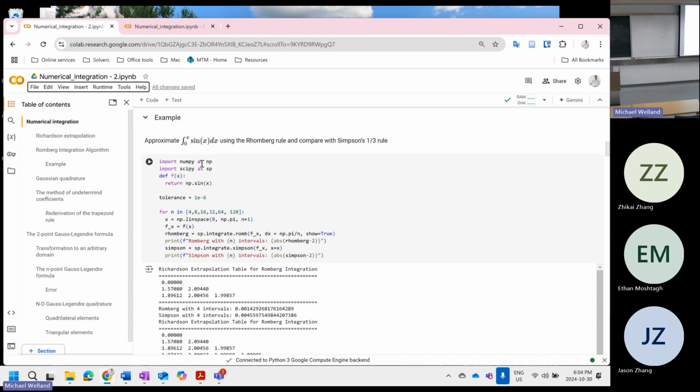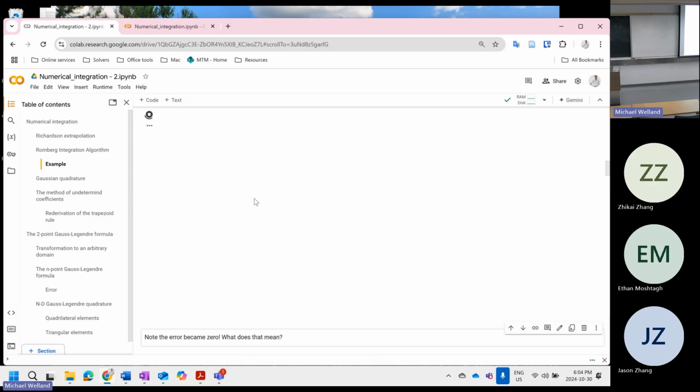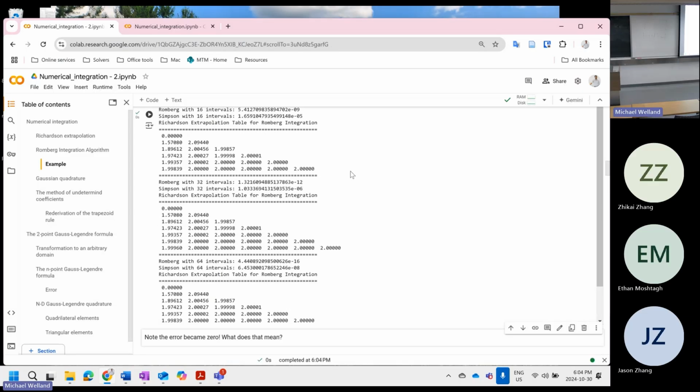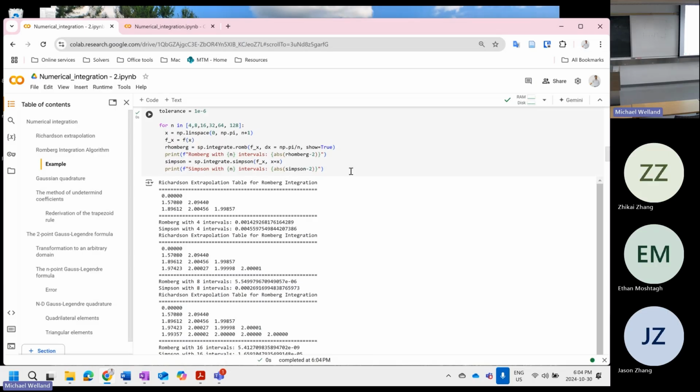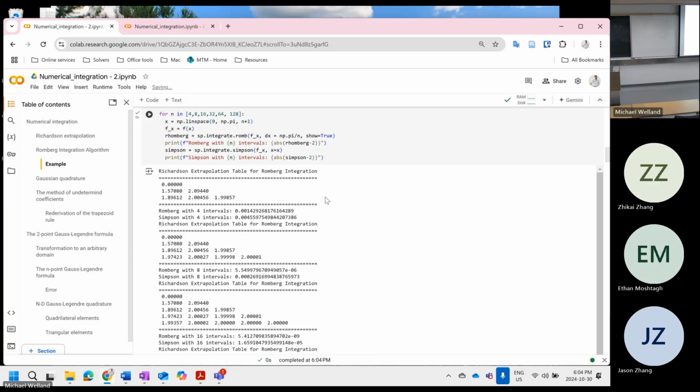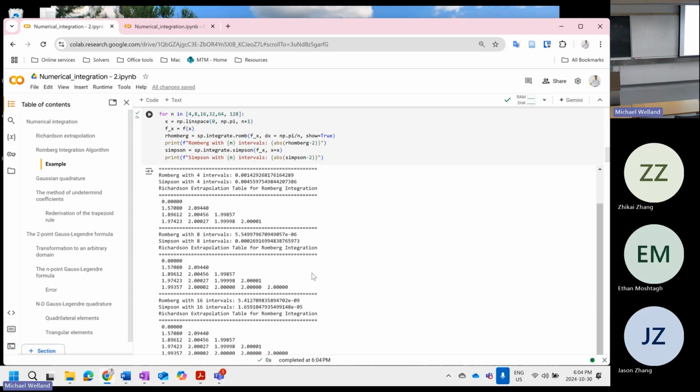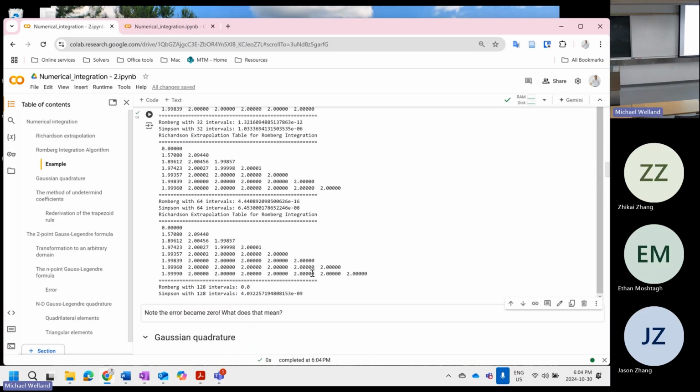Okay, let's approximate the integral from 0 to pi of sine x, like we did last time, with Romberg compared to Simpson's 1/3 rule. This is a little code that does it. And what you see is we start off with 4 intervals, we shrink, we get very small, even smaller, and then eventually we get to 0 with 128 intervals.